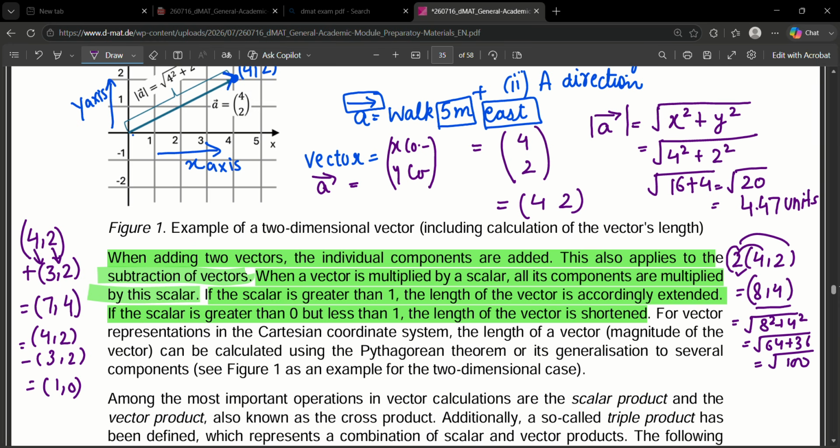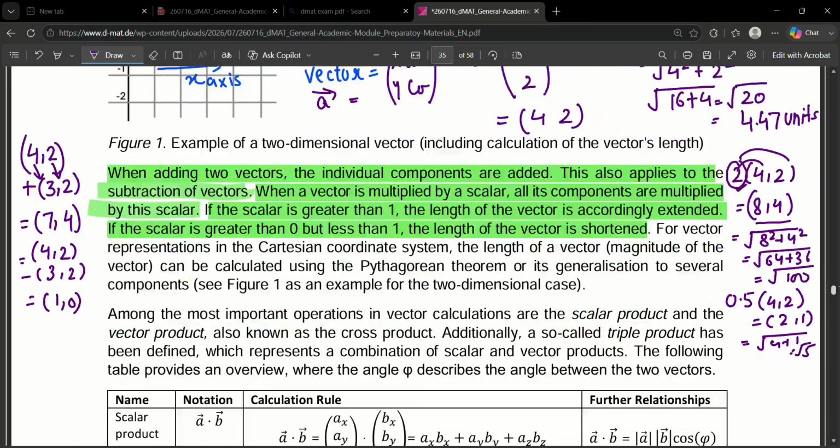If the scalar, whatever the number we are multiplying with the vector, is in between 0 and 1, for example 0.5, then obviously that length would be shortened. That would be 4 plus 1, root 5. So that has been discussed till now.